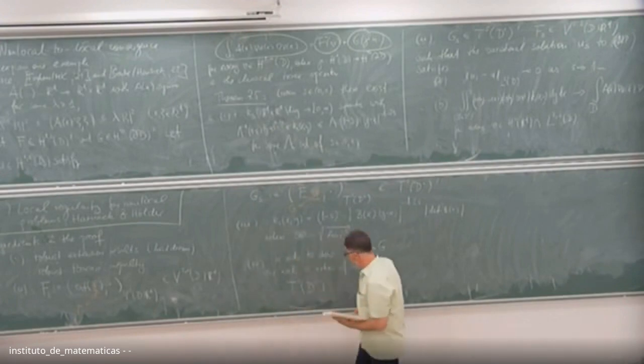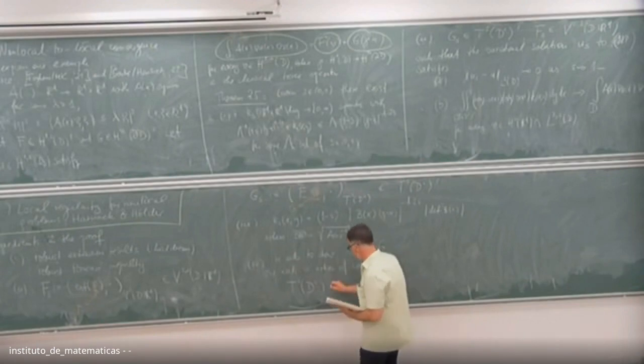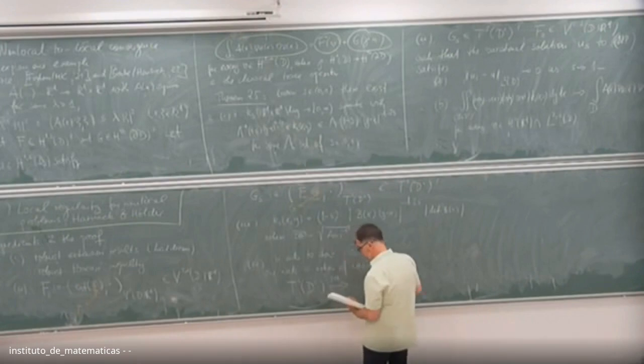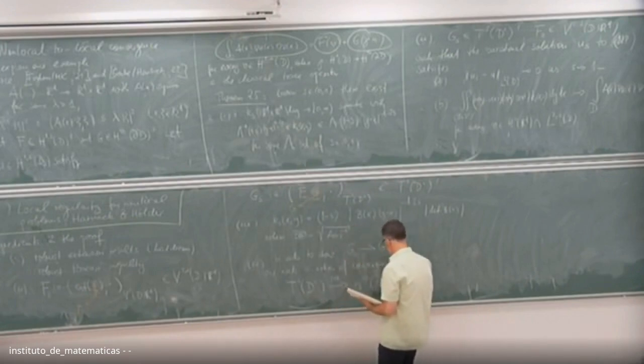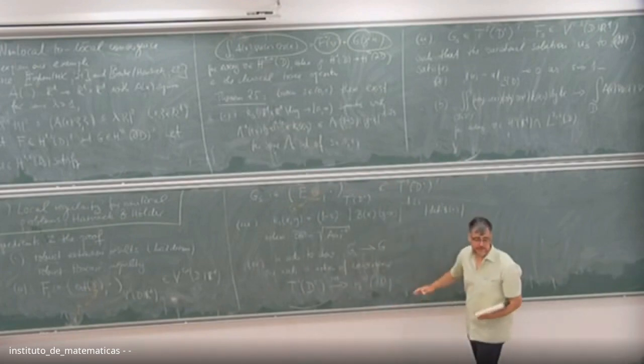So that's a space of functions on D complement, and you want that when S goes to 1, this space converges to H1/2. But what does it mean that a Hilbert space converges to another Hilbert space?